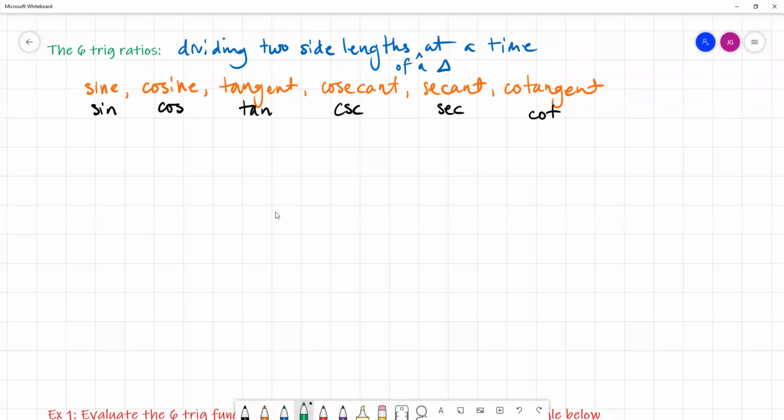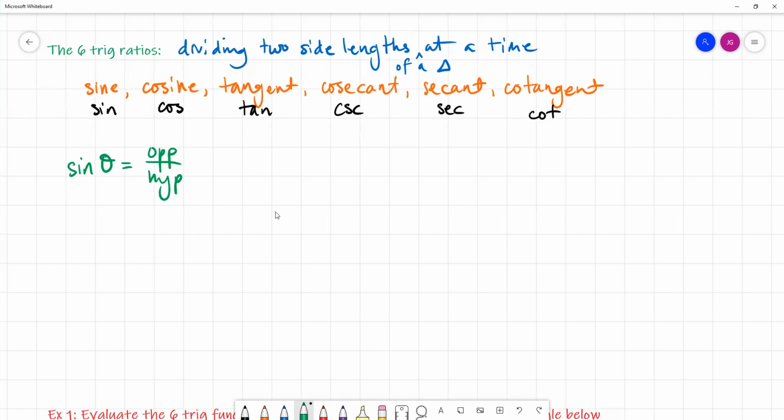Okay, so then now here are the ratios linked to the sides of the triangles. So if I start with the sine of that angle theta, then its value is going to be the opposite side divided by the hypotenuse. Okay, so I can find the sine of theta by taking the opposite side divided by the hypotenuse. We're defining a new type of function here, okay? So if you're like, what's going on? These are brand new functions that we're learning about, even though at the beginning I said we're taking a break from functions.